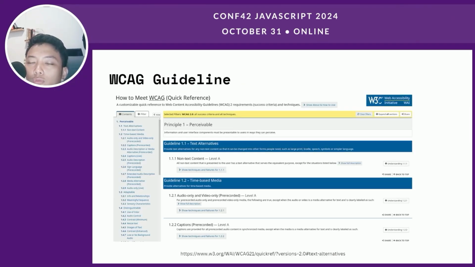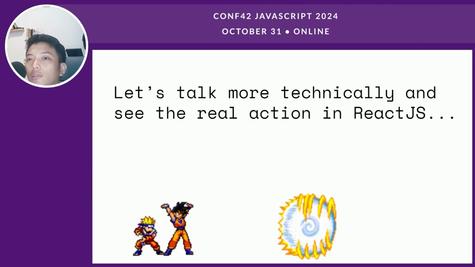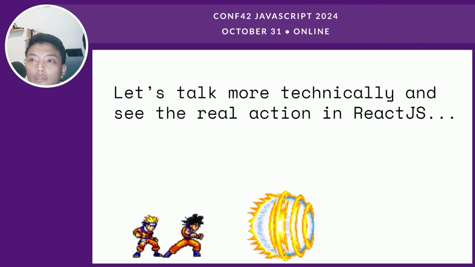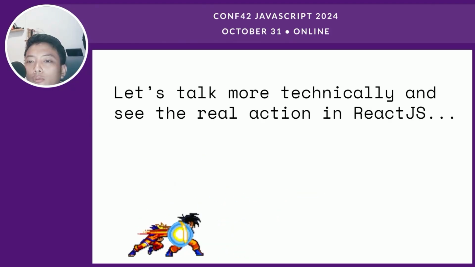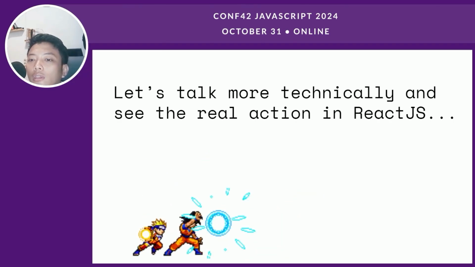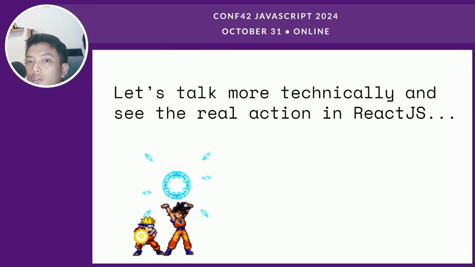And if you check other guidelines of the WCAG, the Web Content Accessibility Guidelines, you can see more criteria in there. So let's talk more technically right now, and see it in real action in React.js. We saw already the problems in the previous slides.